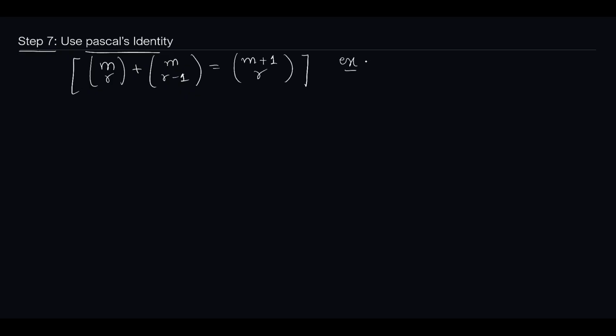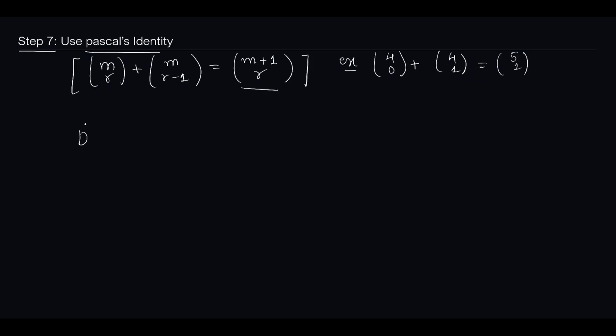Okay, now step number 7, which says use Pascal's identity. We know that m choose r plus m choose r minus 1 is equal to m plus 1 choose r. This is by identity. If you check the example also, when I have 4 choose 0 plus 4 choose 1, this will be equal to 5 choose 1. So therefore we can say every coefficient changes into m plus 1 choose r.